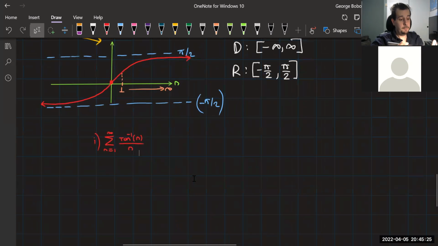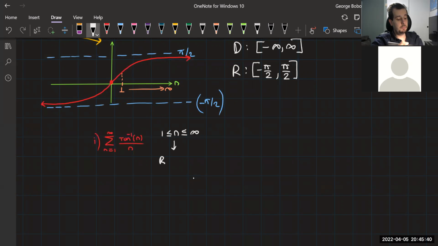So, okay. Then for n again, let's think about this. For n between 1 and infinity, what is the range for the tangent?